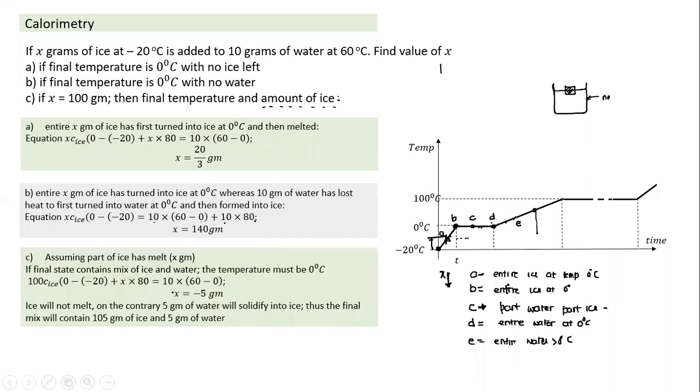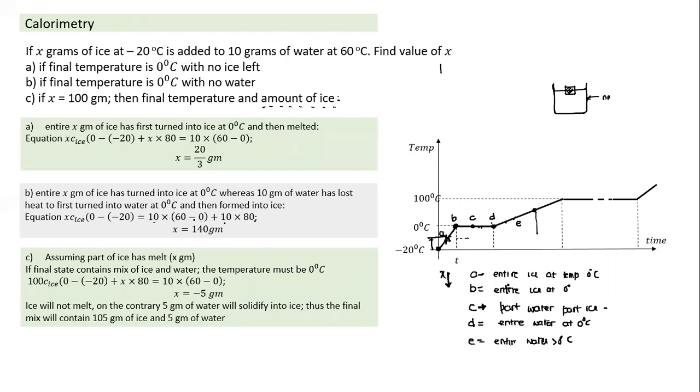Okay, so let's make an assumption. We start with the assumption that a part of the ice has melted. In the final state, part of the ice has melted. I assume x gram of ice has melted. So in that case, how would I write my equation? The final state contains a mix of ice and water.